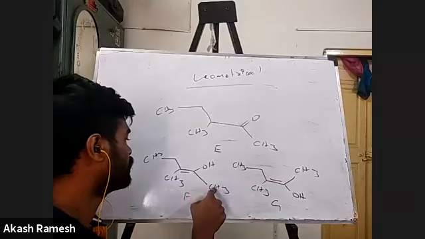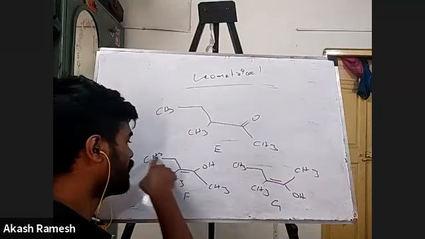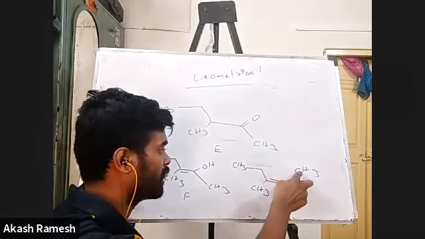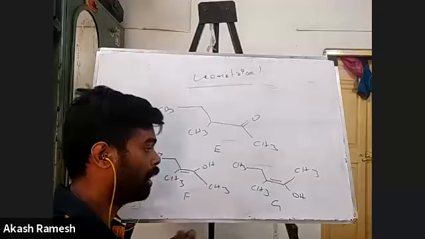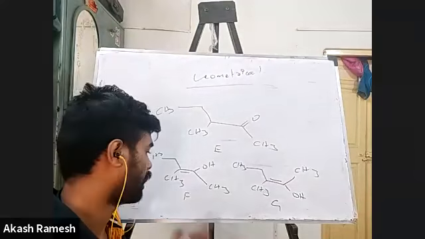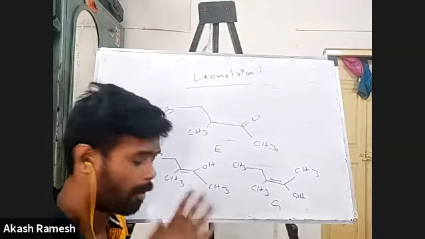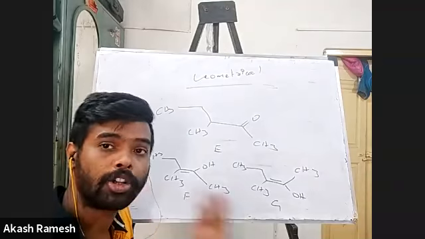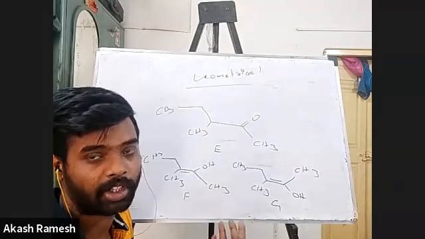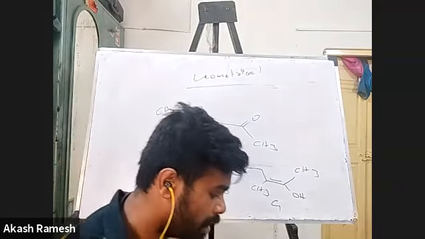In the same way, this CH3 and C2H5 are trans to each other, and this CH3 and this one are cis to each other. So definitely F and G are geometrical isomers, and I just told you all geometrical isomers are diastereomers. So definitely C and D are correct.